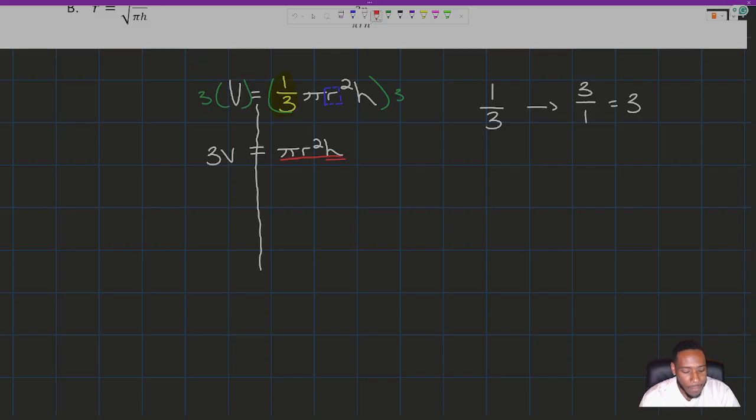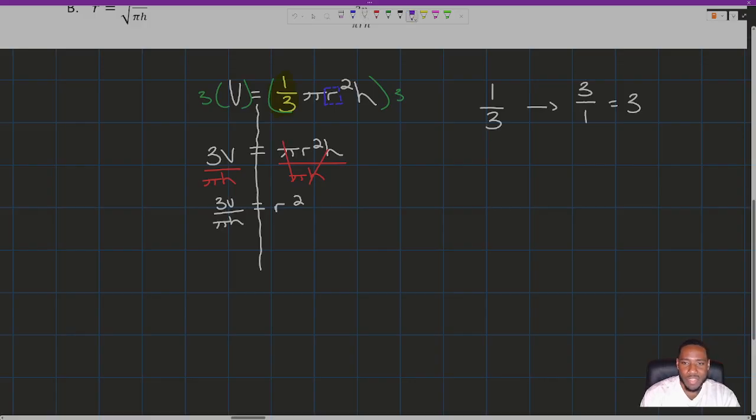I'm going to continue that line there. We're going to divide everything by pi and h, because division cancels out multiplication. So on the right side, the pi's cancel out, the h's cancel out, and you are left with r squared. Over here on the left, we have 3v, and that's being divided by pi and h.